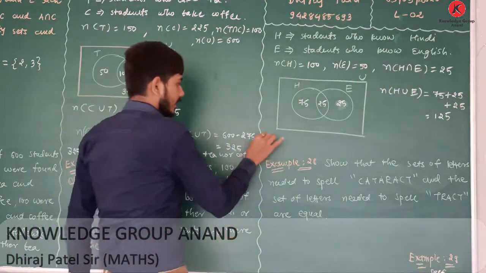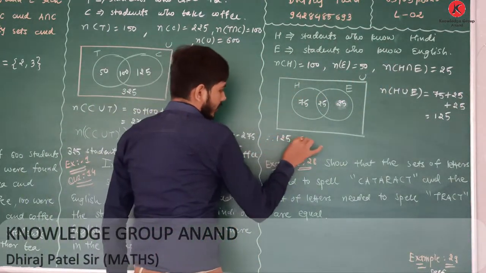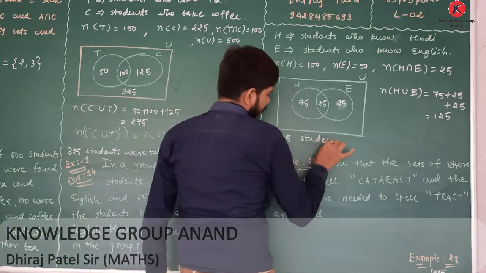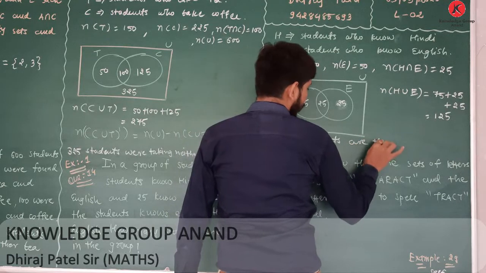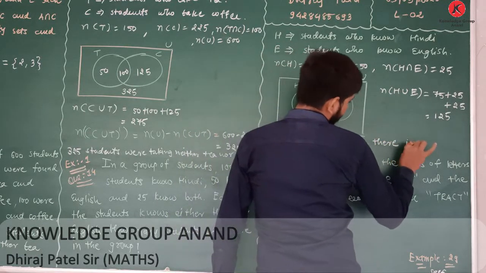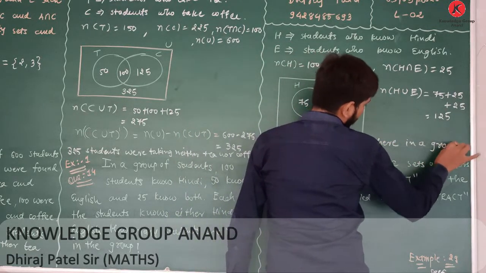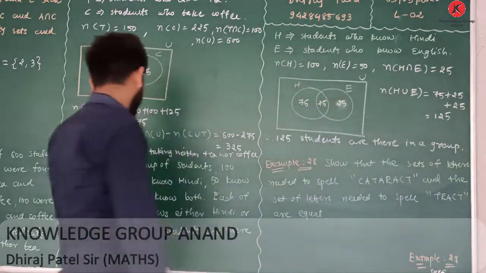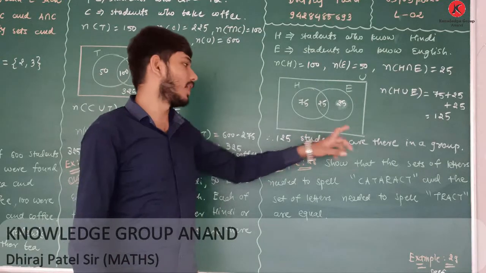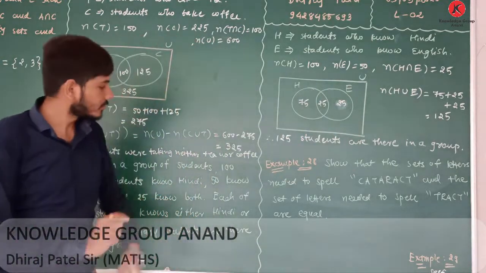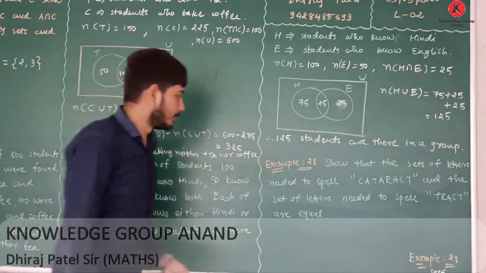Therefore we can say that 125 students are there in a group. Okay, they will know at least one of the languages. Okay, therefore we can say that the union is equals to our answer. Clear?